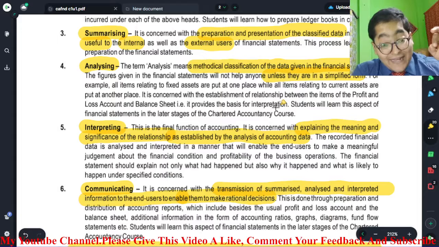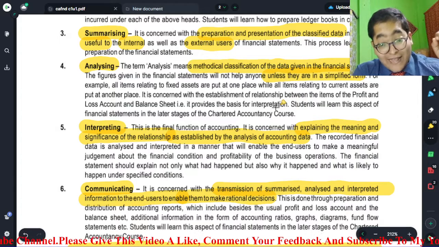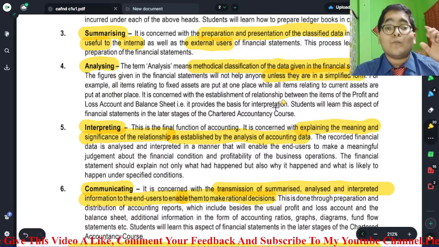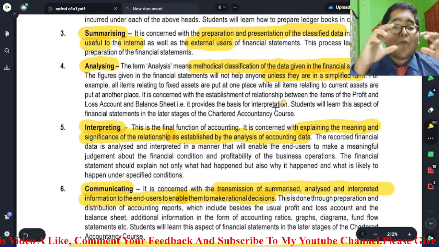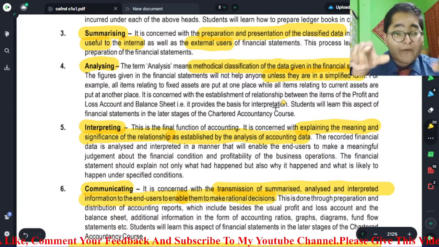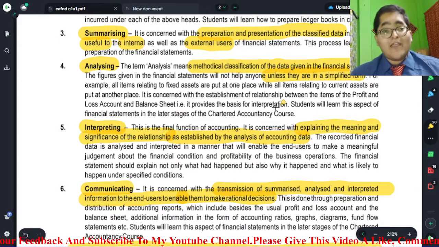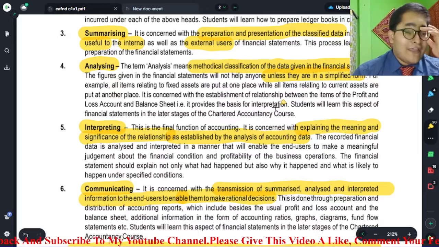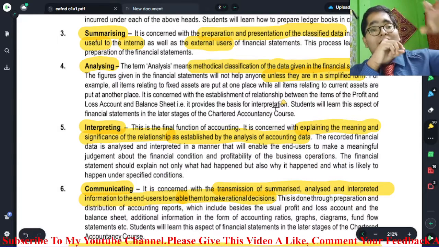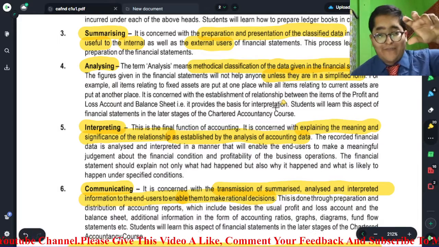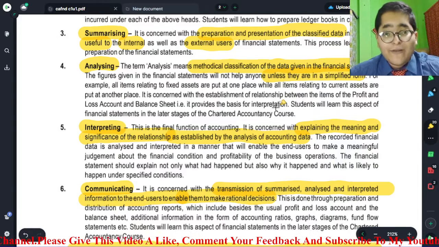Analyzing, or analysis, means methodical classification of the data given in the financial statements. There needs to be a proper step or method in classifying the data. For example, if you have recorded an expense but analyze it as an income, your analysis would be wrong.